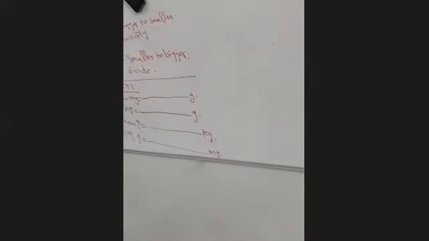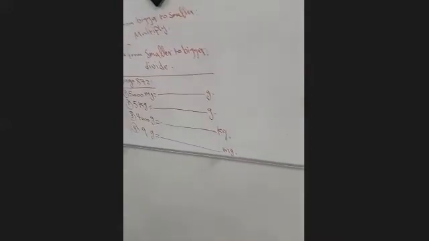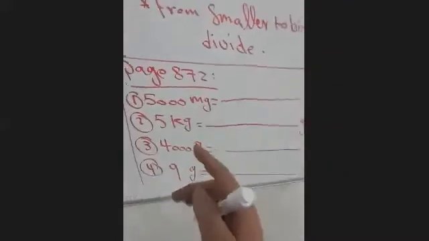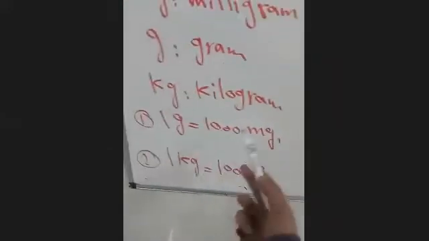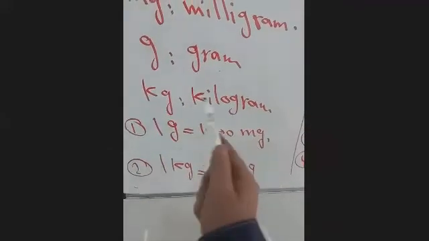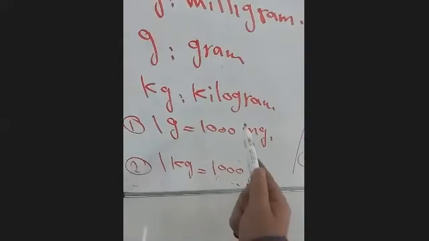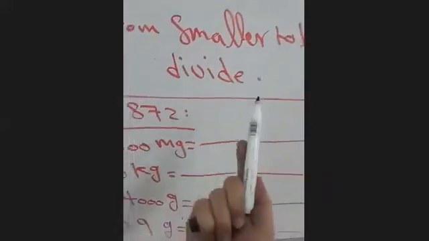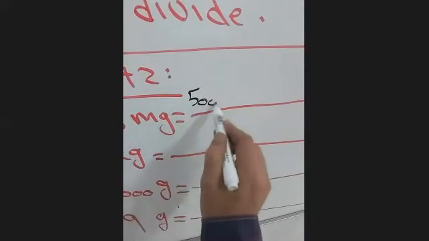Now, how do we turn between these units, guys? We use these 2 relations. Question 1: from milligram to gram, from smaller to bigger, I divide by the number in the formula. 5,000 divided by 1,000 equals 5.